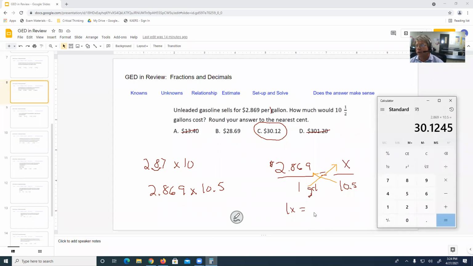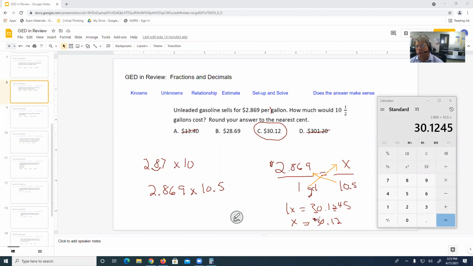Yeah, that's going to be that 30.1245. Let's see if I can write that down. 30.1245. And remember, in algebra, 1x is really the same thing as x. So that's the unknown. And since it says round to the nearest penny, that's the hundredths place. So that's going to be not $30.13, but it's going to round down to $30.12. So it does check out there.